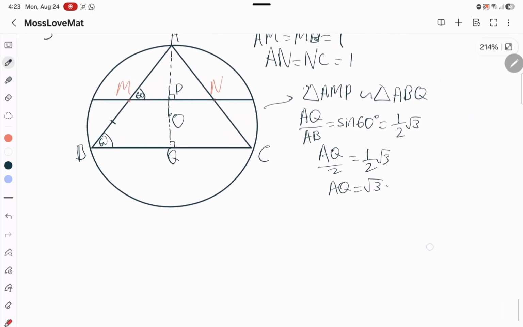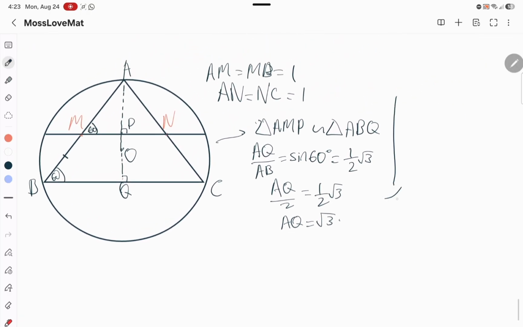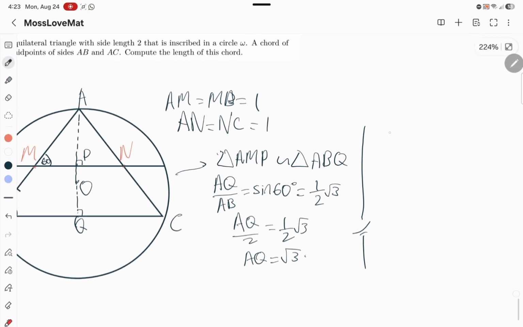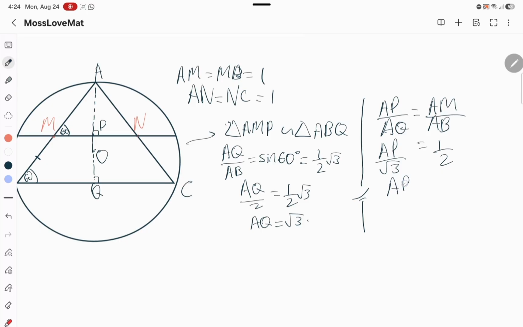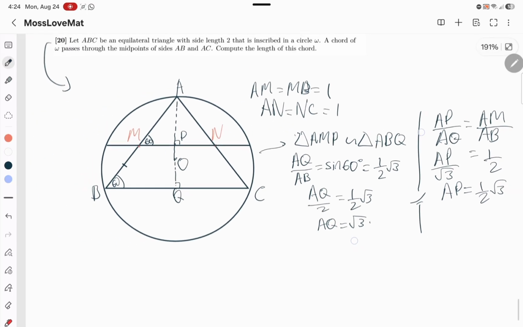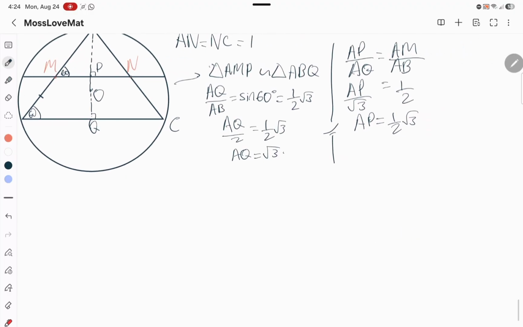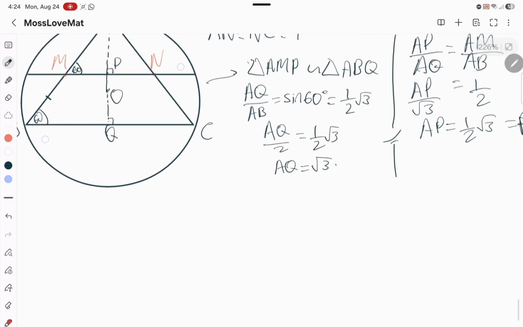We also know that AMP and ABQ are similar, so AP over AQ equals AM over AB. It is a half, and AP over root of 3, so we get AP is a half times root of 3. So PQ is also the same as AP, right?